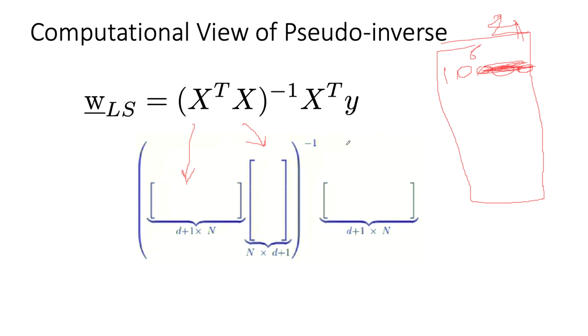But using this pseudo-inverse, you just have to compute a 4 by 4 matrix here, and then invert that. Then multiply it by the D plus 1 by N matrix and the labels. So you see, least squares linear regression, in the case of linear, because we have quadratic as well, this is a very simple problem to solve for computers, right? So like instantly you can have the results right in front of you.